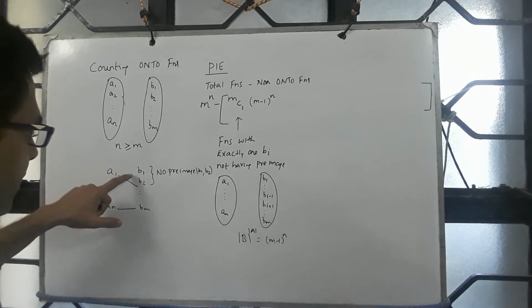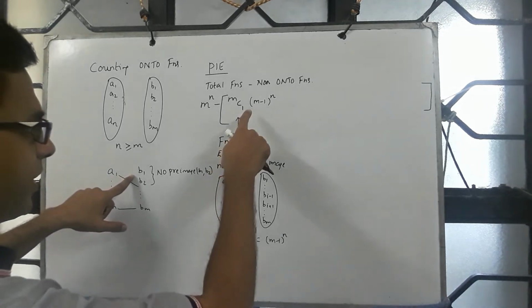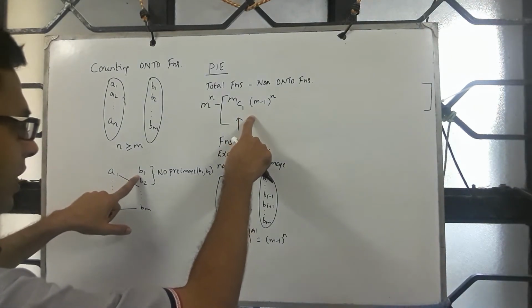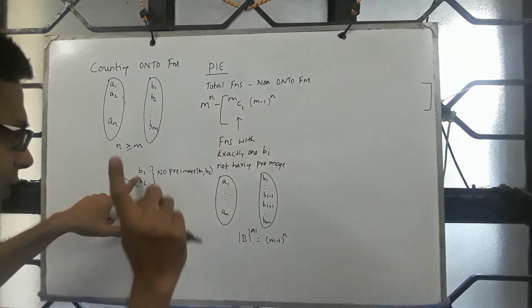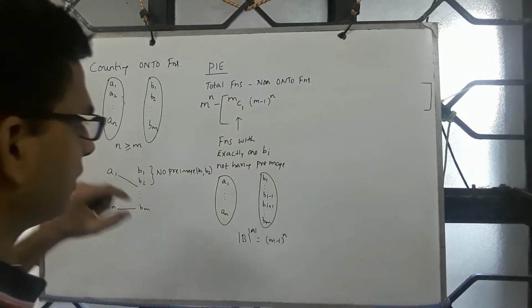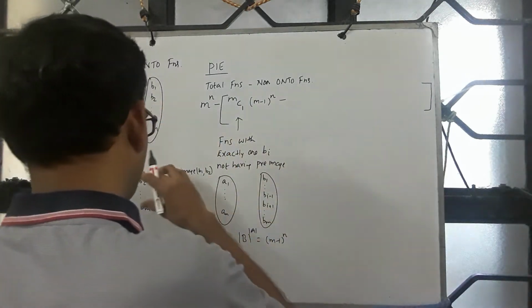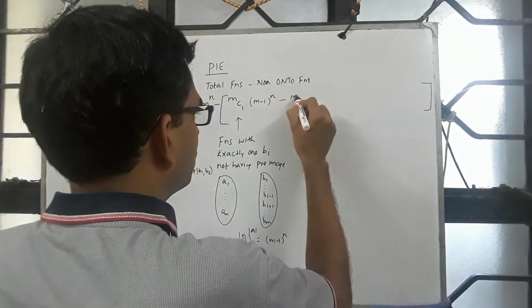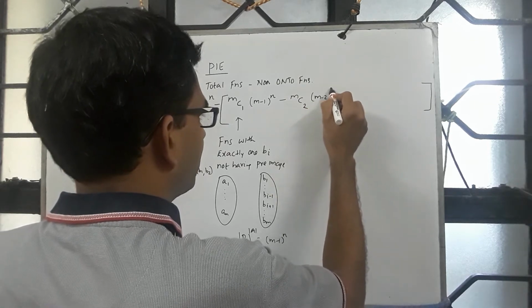This function will be counted once with respect to b1. The same function will be counted with respect to b2. So I should ideally count once, but I counted twice. So it has to be subtracted. This is true for any bi, bj. So m choose 2 times m minus 2 to the power n.